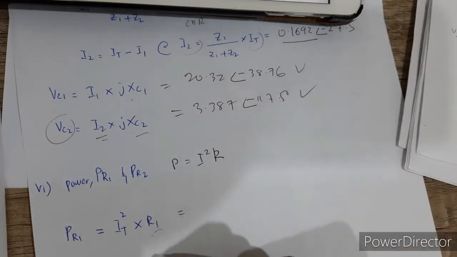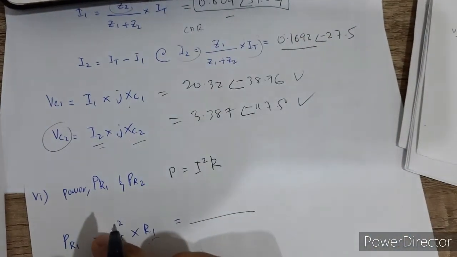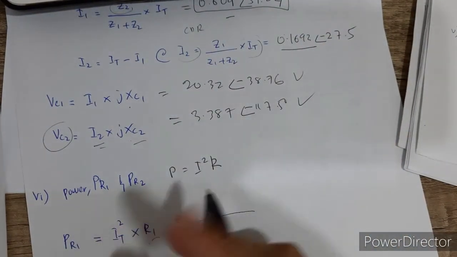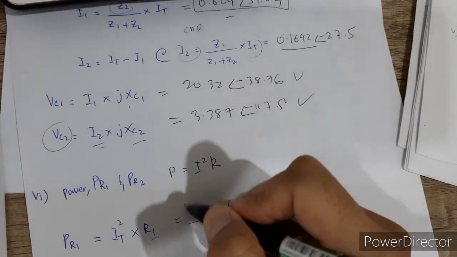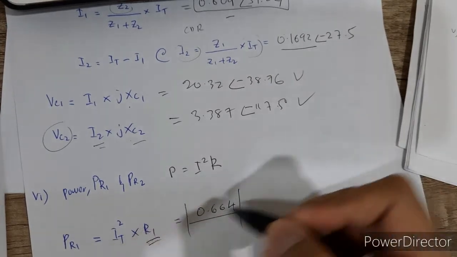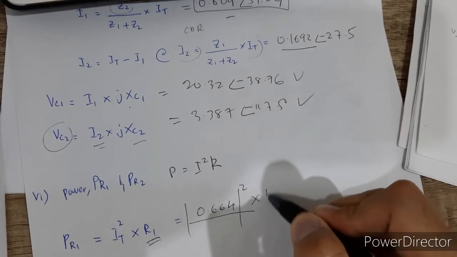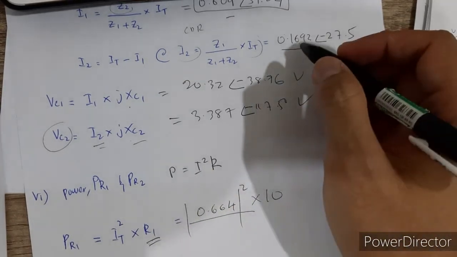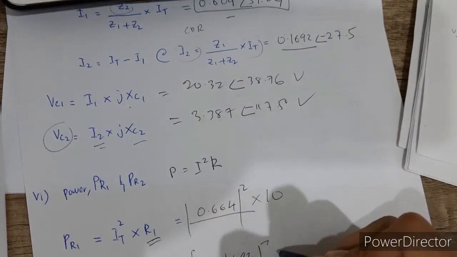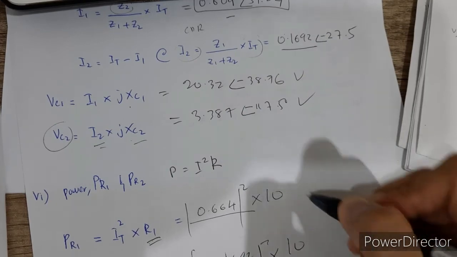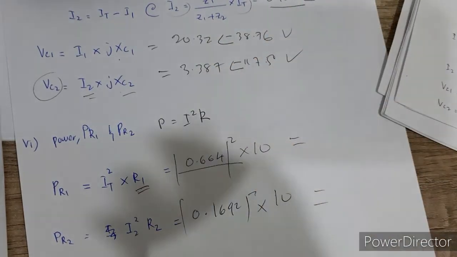Make sure you use I total, which is 0.664, just the magnitude, because R has no angle. So 0.664 squared multiplied by R1, which is 10, and then for I2, 0.1692 squared multiplied by R2, which is also 10. Then you can get the answer for PR1 and PR2. Right, thank you.